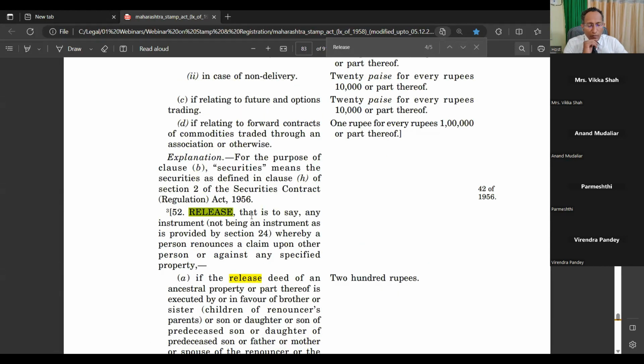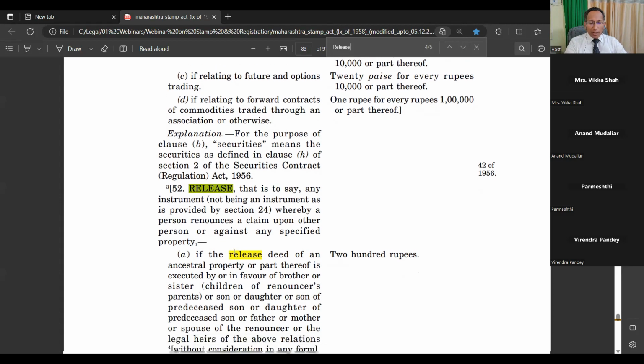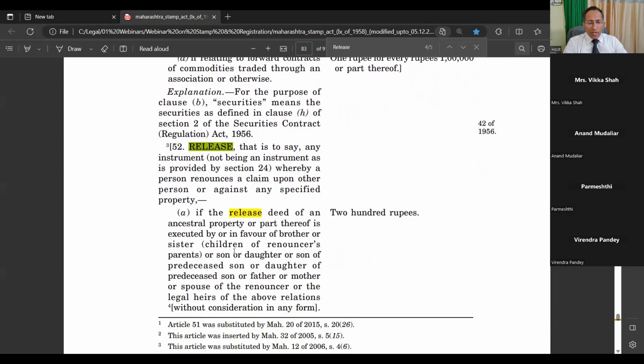Here it is not defined, but they are made chargeable. That is to say, any instrument not being an instrument as provided in section 24, whereby a person renounces a claim upon another person or against any specified property.